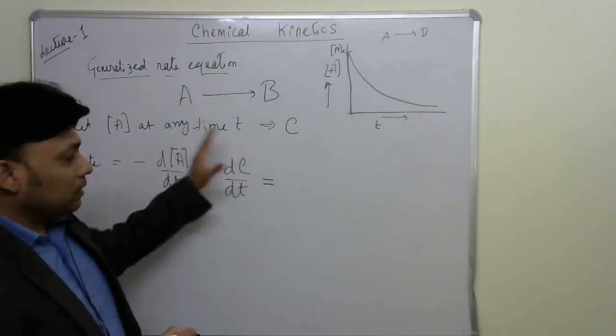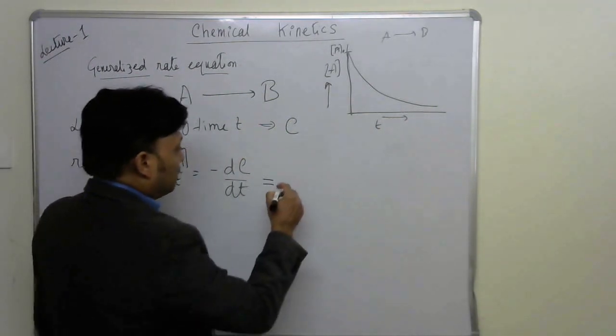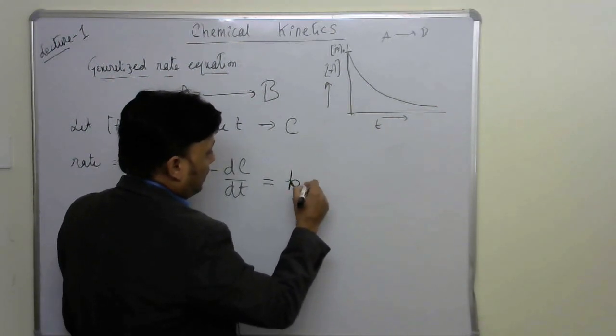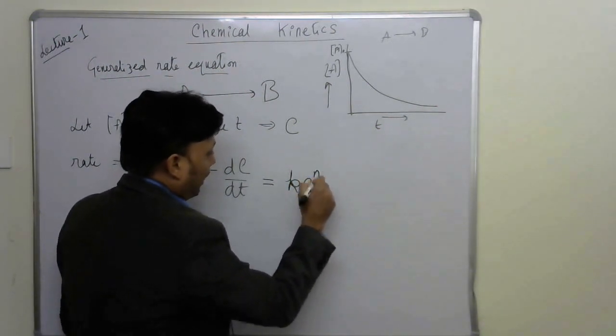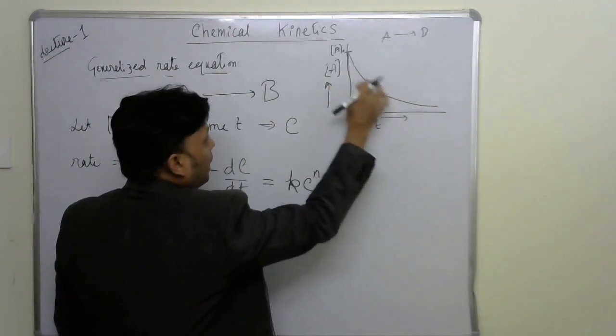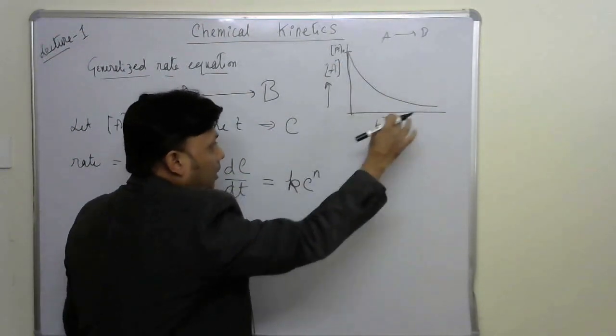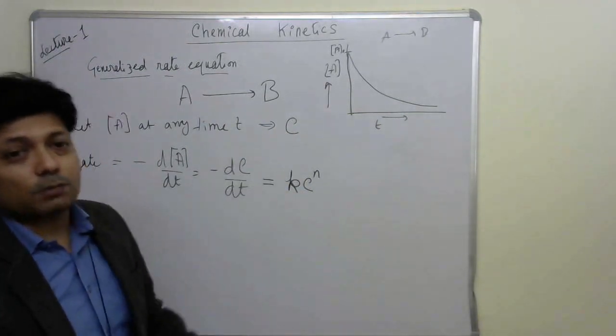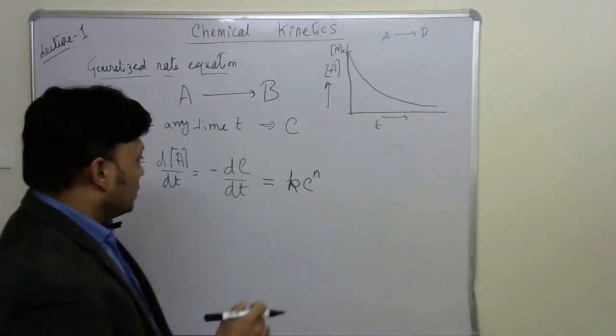The generalized way of writing this is minus dC/dt equals a constant K times C to the power of n. This power of n comes from the generalized observation where the curve follows a kind of exponential decay.